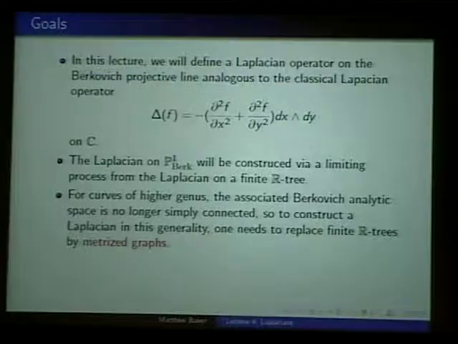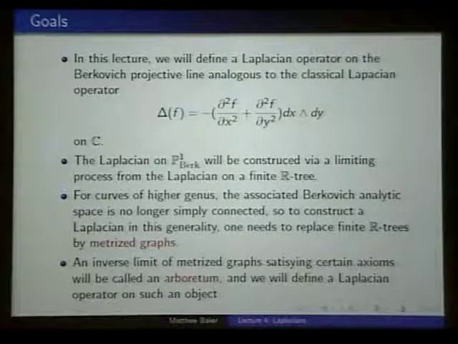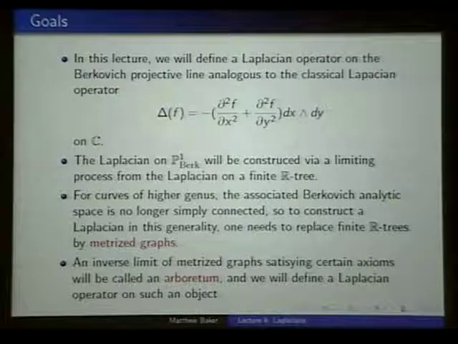These are often called metric graphs in the literature, but Rumely introduced the term metrized graphs, and we use so many results from his previous papers that I just stick with the term metrized graph, but it means the same thing. An inverse limit of metrized graphs satisfying certain axioms, such as the transition maps all being surjective retractions, will be called an arboretum.